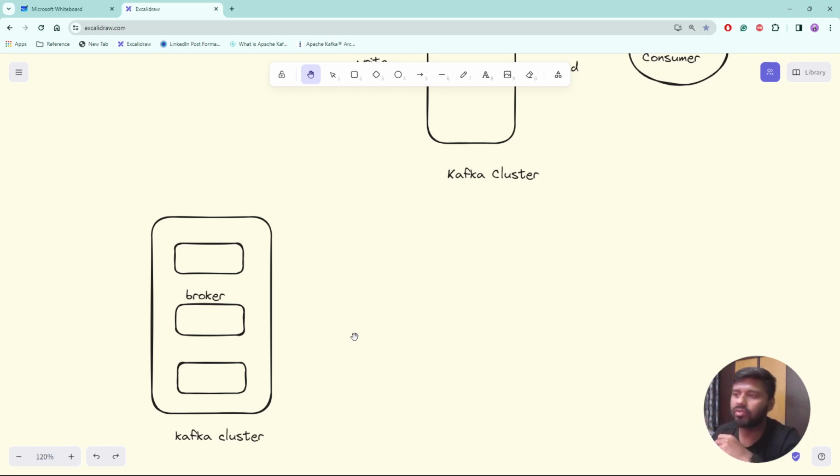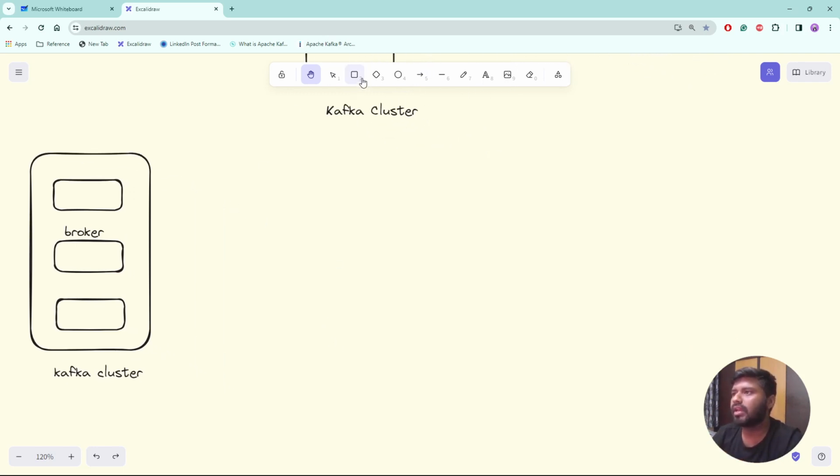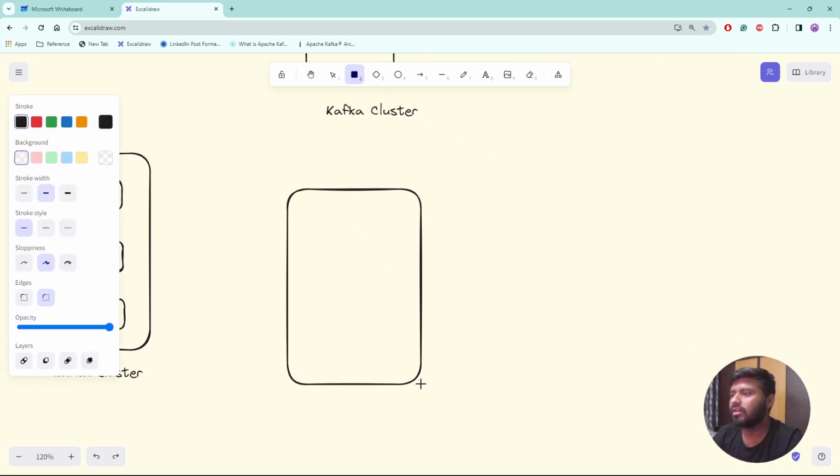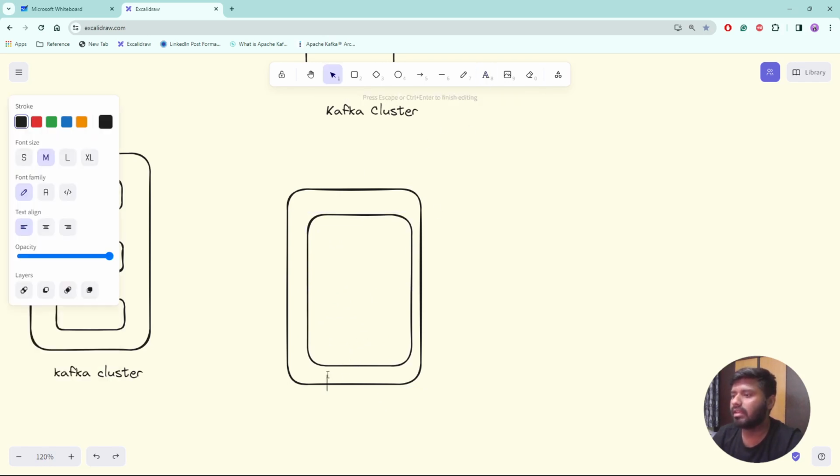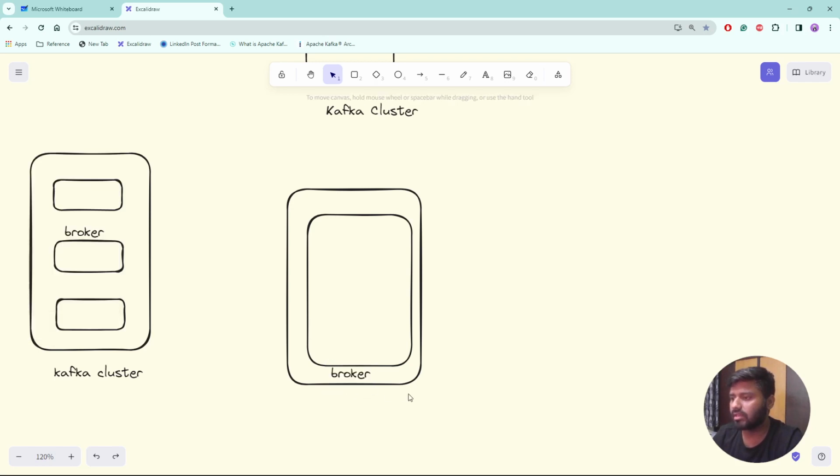Now we will try to expand the broker. So we can take one more diagram over here and highlight one specific broker for our understanding. Here I am mentioning broker, and let me put it here.